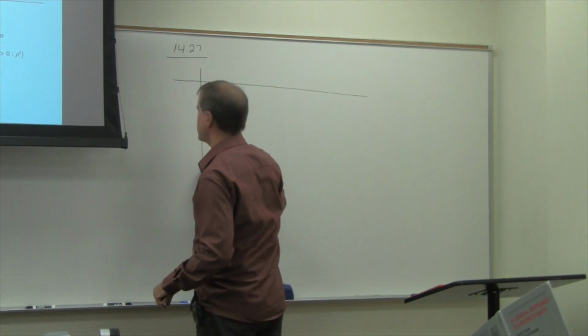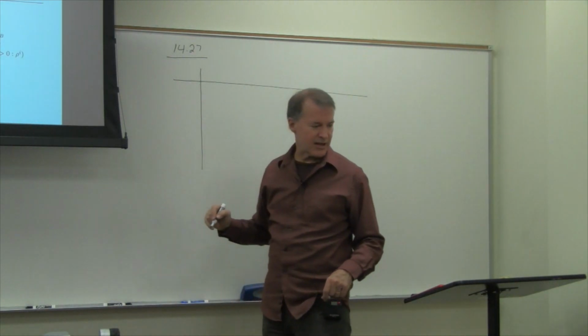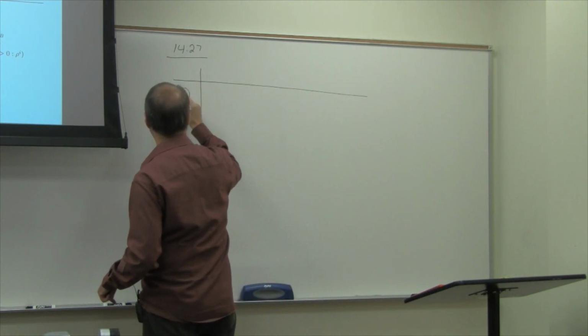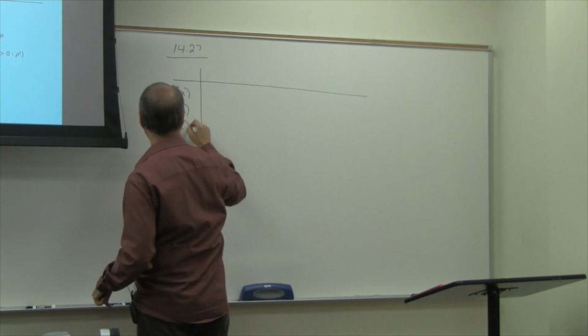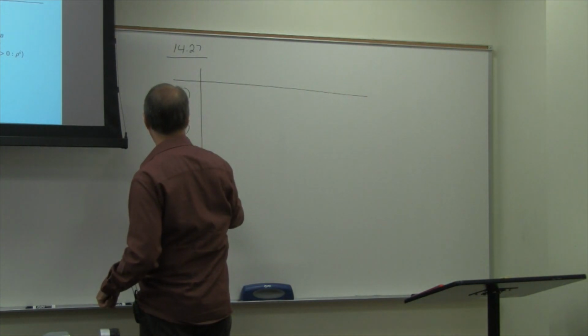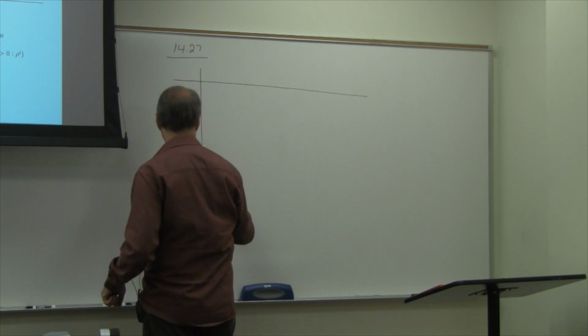Now, which parts were assigned? Wasn't it like A, B, D? Okay, so put A, B, D. What was the other one? F, G, H, I. Like this, right?